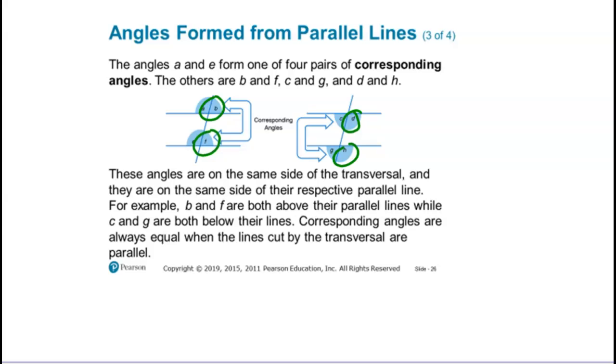Remember, if we have a set of parallel lines with a transversal, then we can use the alternate interior angles and the corresponding angles to find missing angles that we might not know.